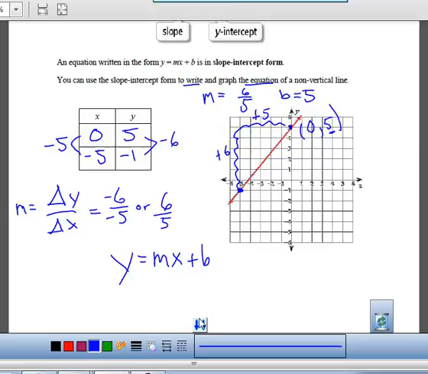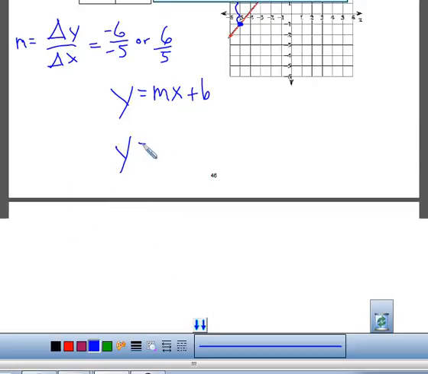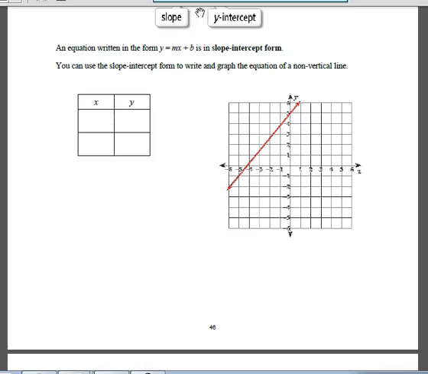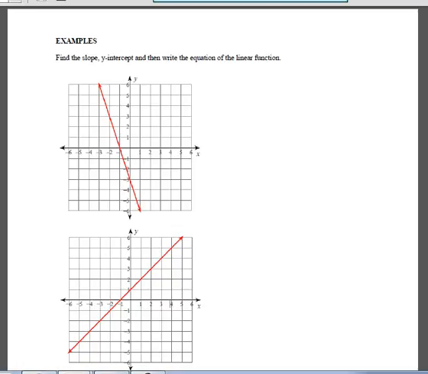So you are going to plug in the values. y equals 6 over 5 x plus, and our b was 5, and there is the equation in slope-intercept form. Alright? Okay, we have a couple more examples on page 47.